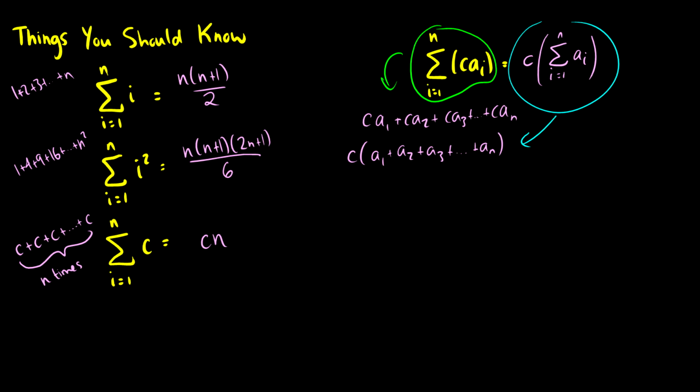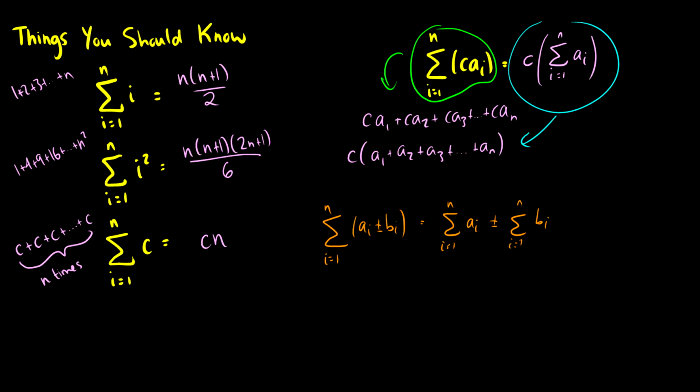Now, there's a couple other things that are fairly obvious, I would say. If we take the sum of ai plus or minus bi, this is equal to the sum of i equals 1 to n of ai plus or minus the sum of i equals 1 to n of bi.